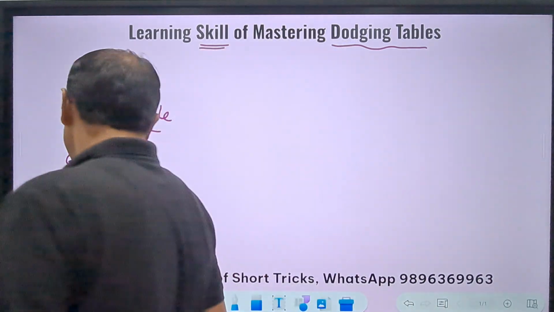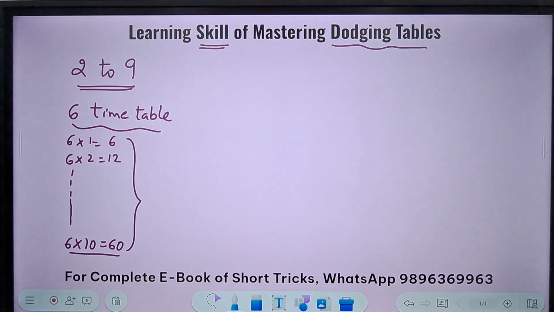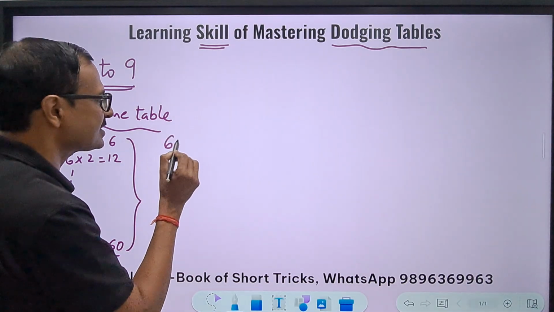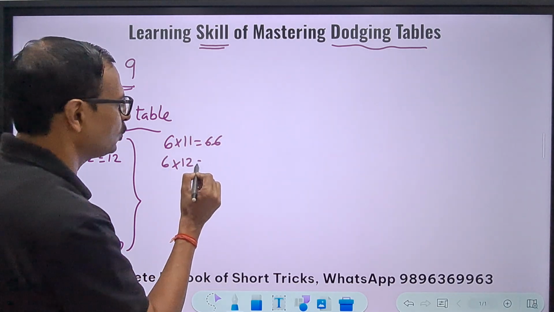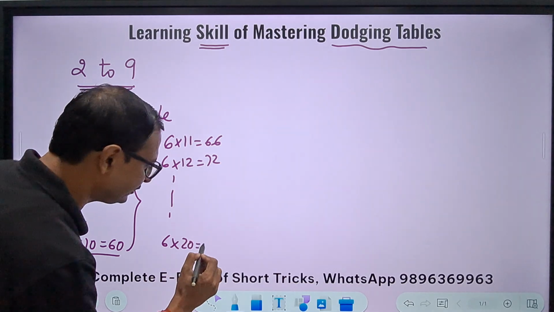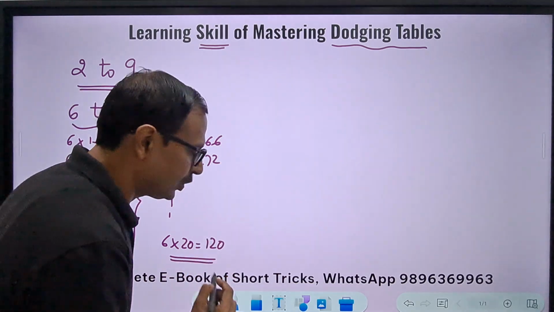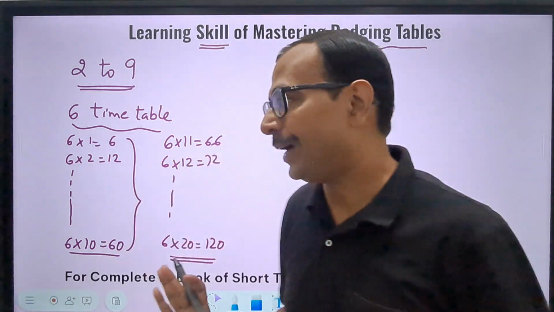So instead of going up to 10, 10 times is 60, if I write the table 6 11 times is 66, 6 12 times is 72, and the child knows this up to 20, then dodging tables will be easier. Why?